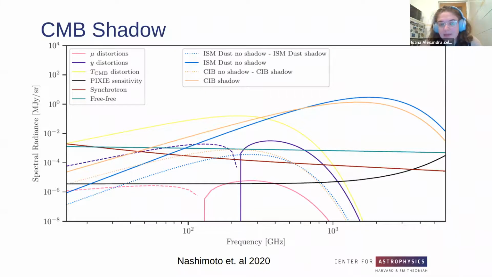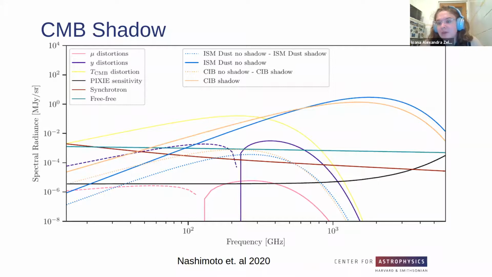And finally, I looked at the CMB shadows, which is the absorption of the CMB itself by the dust grains. So far we were talking about the CMB being impacted by dust emission, or emission from these foregrounds. But in 2020, there was a paper that showed that the absorption of the CMB by the dust or other foregrounds is also important.